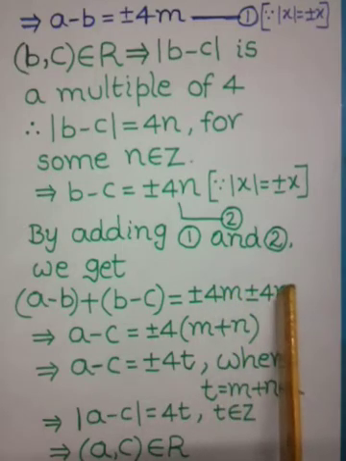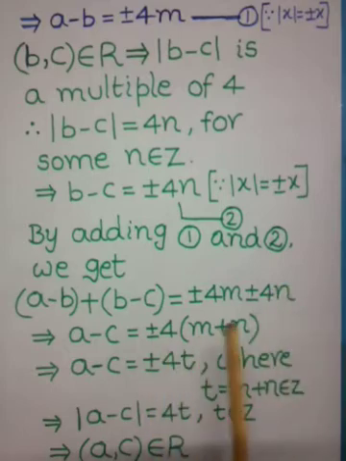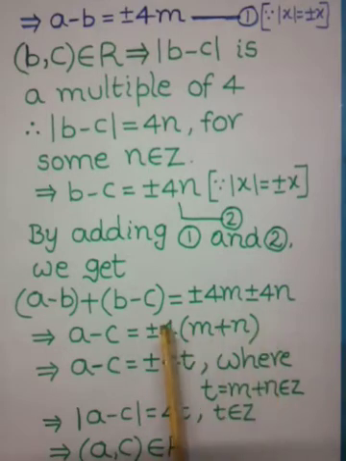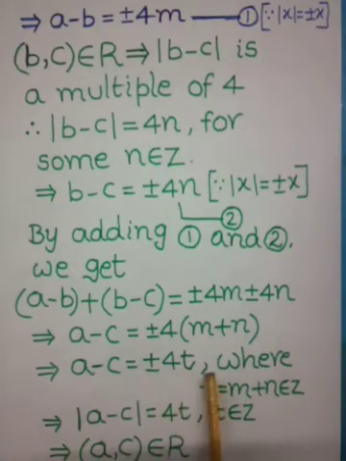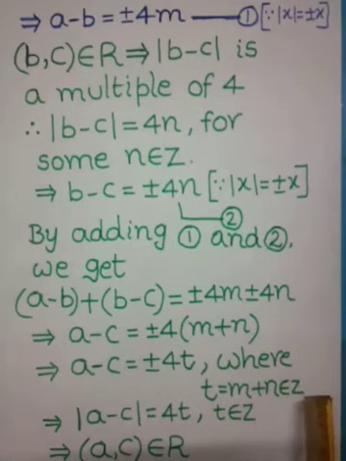So taking this common factor 4 outside, we get plus or minus 4 of (m plus n). This implies A minus C is equal to plus or minus 4t, where t is equal to m plus n. M plus n belongs to an integer.